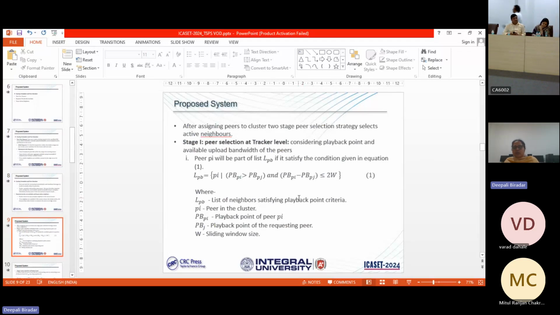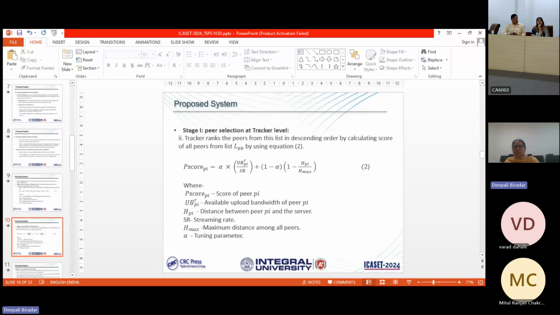So by using equation one, it will find all the peers with a greater playback point. And after that, once those nodes are selected, the tracker will rank the peers from this list in descending order.